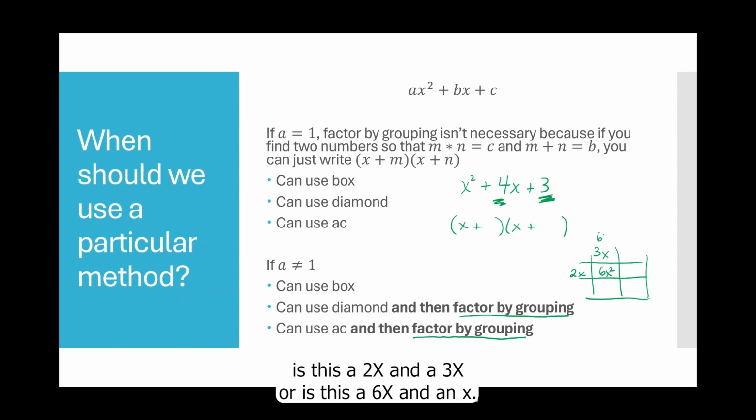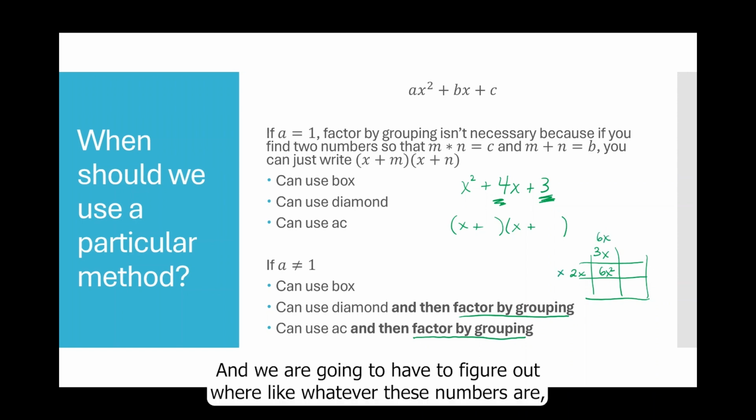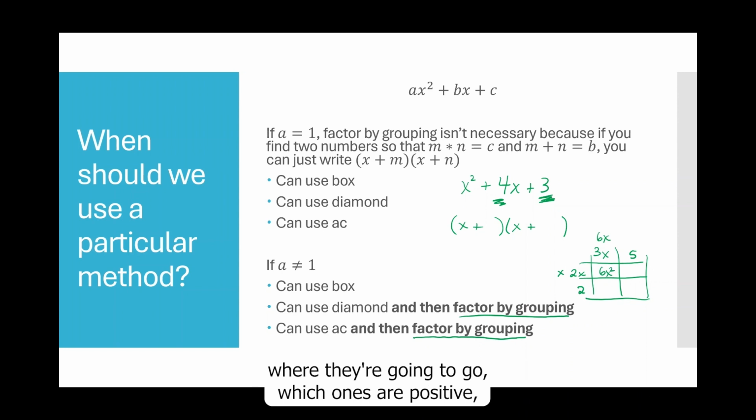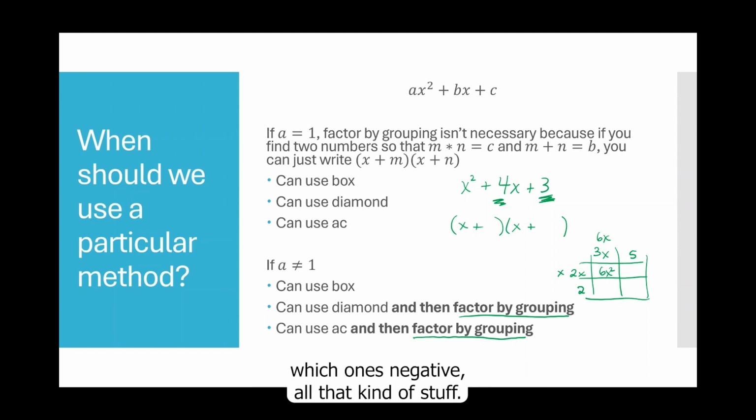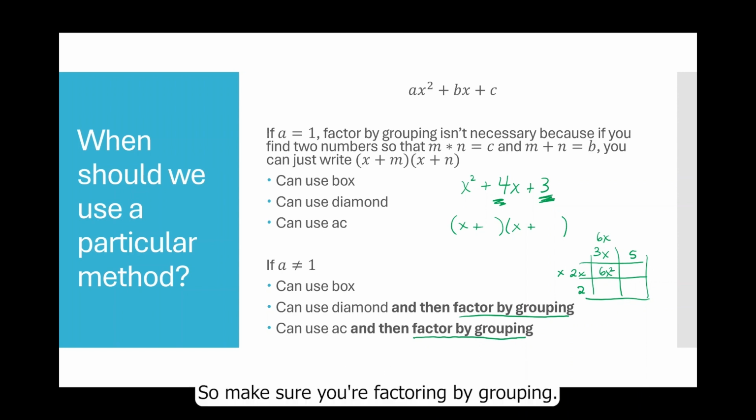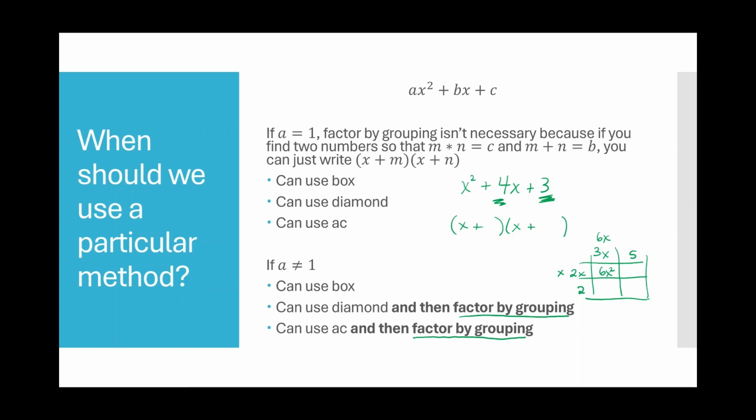Or is this a 6x and an x? And we are going to have to figure out where whatever these numbers are are going to go, which one's positive, which one's negative, all that kind of stuff. So make sure you're factoring by grouping if your a is not equal to 1. And that is factoring quadratics.